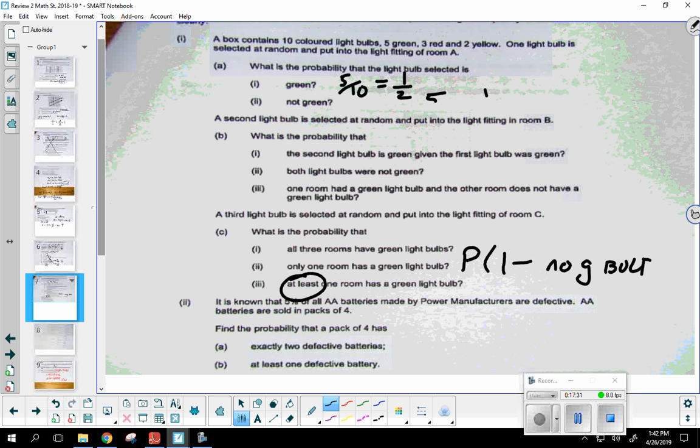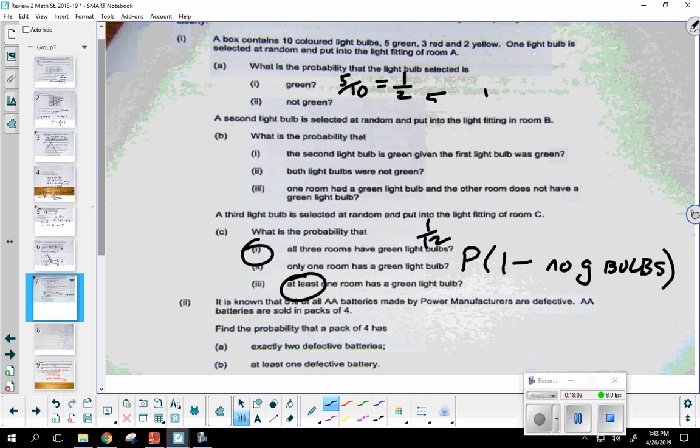Wait, can you go over that again? Well, so can we multiply? No green bulbs. So multiply the fractions we got for C1 and 2, or like add them, or do something with those? Well, actually, what I did here on C3, I used C1 because there's only going to be one branch where you have all 3 green, and remember that ended up being 1/12.